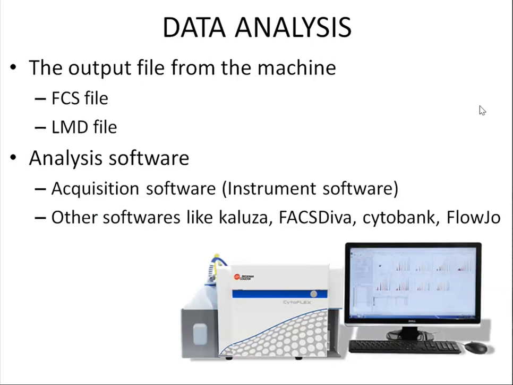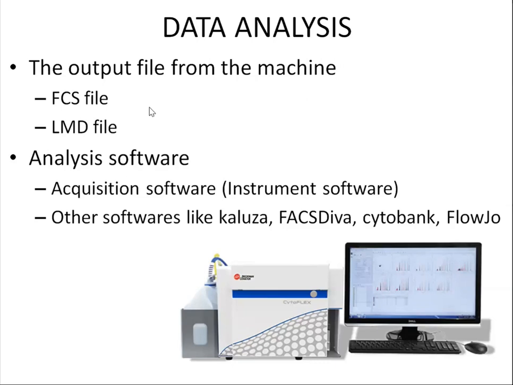Okay, so this file given from the flow cytometer is called a flow data file, and it can be of two types. One is FCS, that is flow cytometry standard file, and the other is LMD file, which is list mode data file.